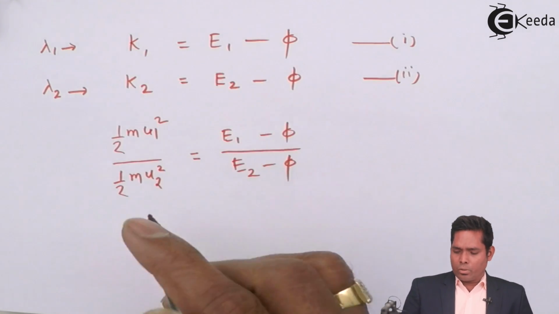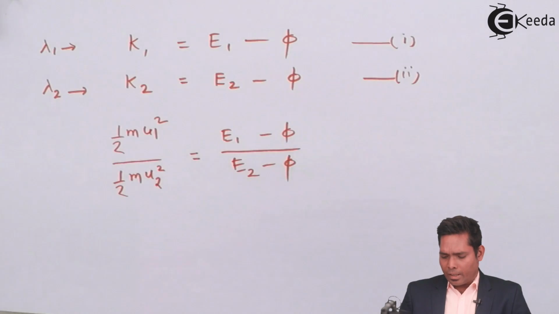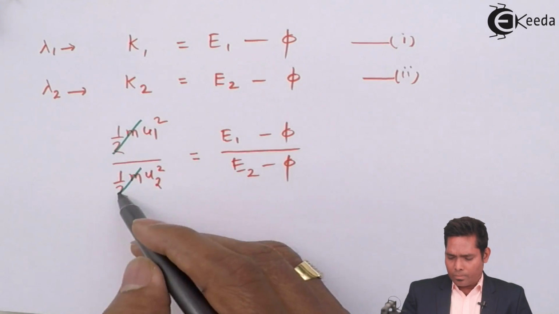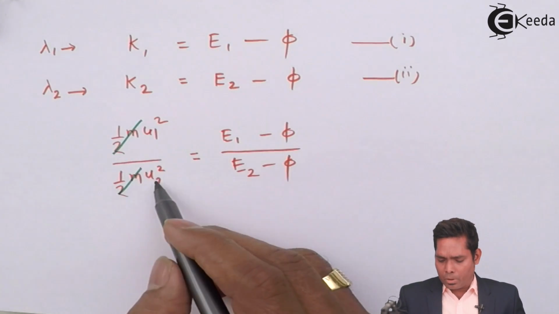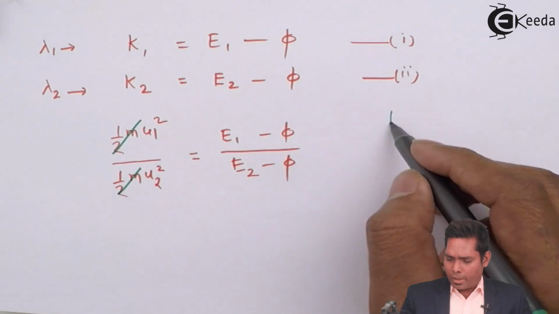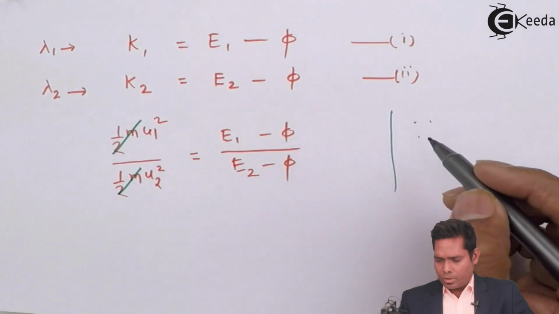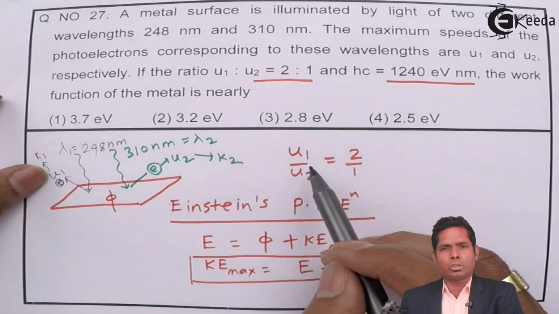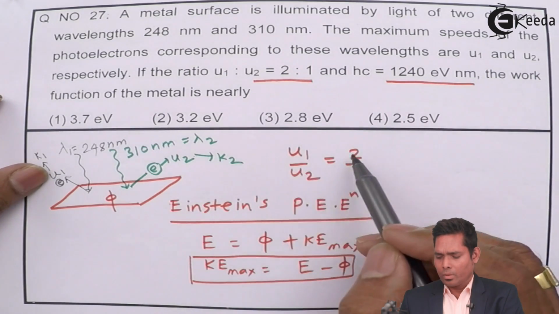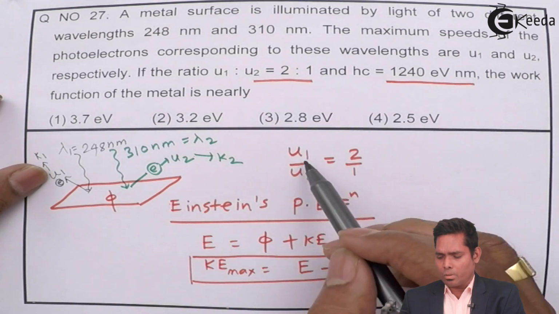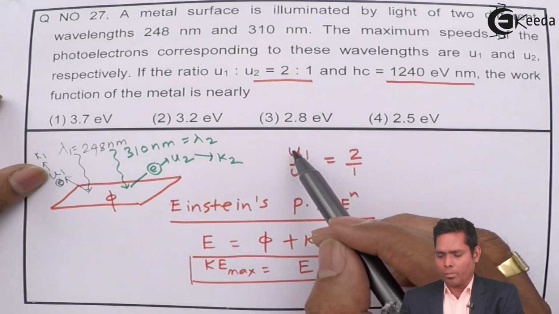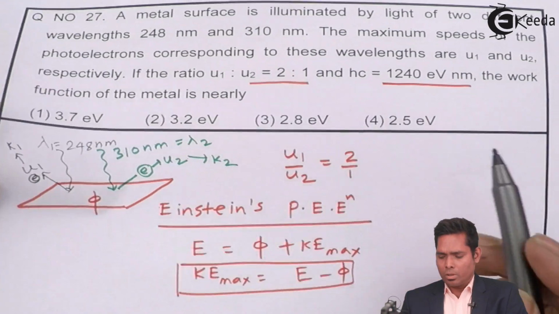I have to divide these two equations. If I divide, the half m will cancel out, leaving u1 square upon u2 square. But we already know u1 upon u2 is 2:1, so squaring both sides it will be 4.